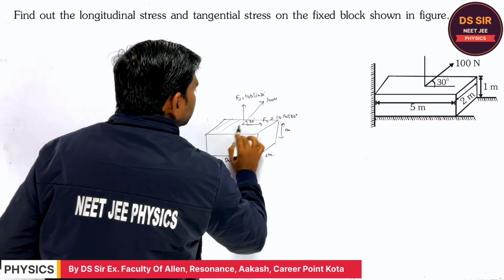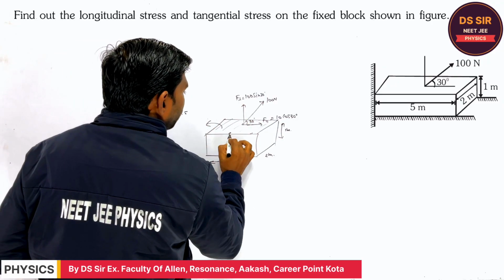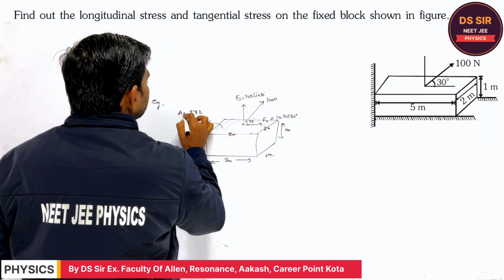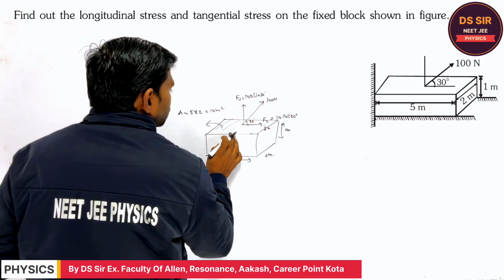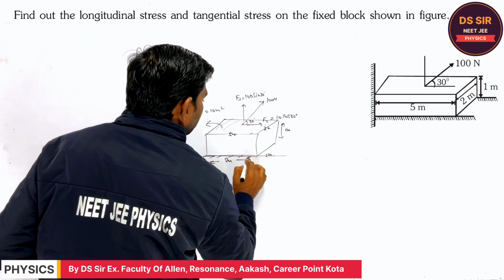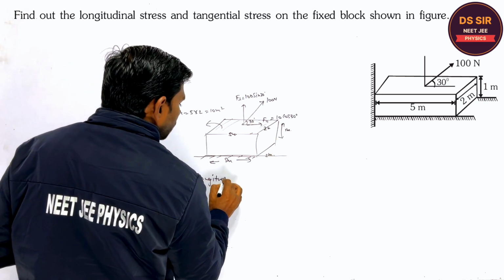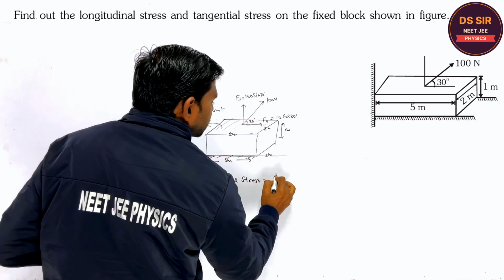So what is the area of this surface? Please tell. The area is nothing but length 5 meter into width 2, it is equal to 10 meter square. Is it clear or not? So it is fixed over here. To find the longitudinal stress: what is the longitudinal stress?